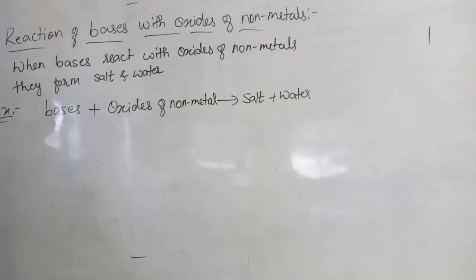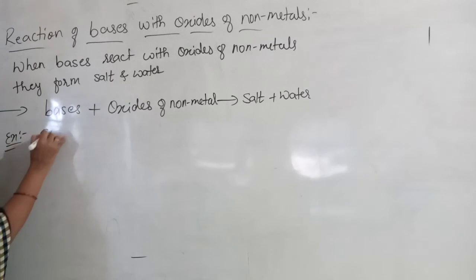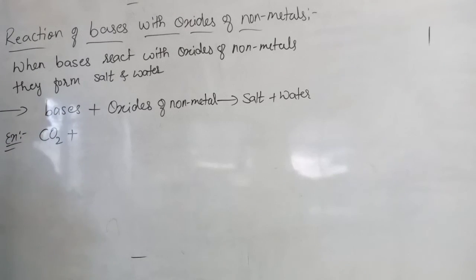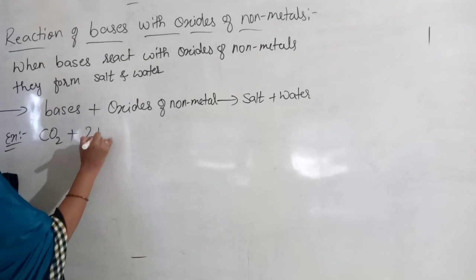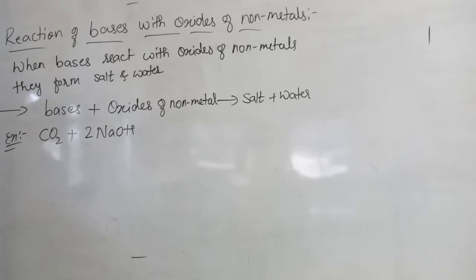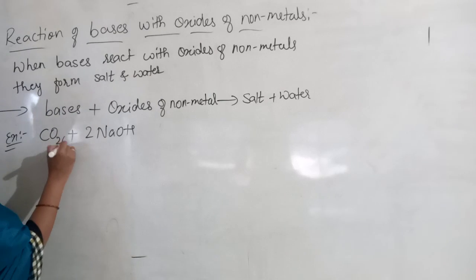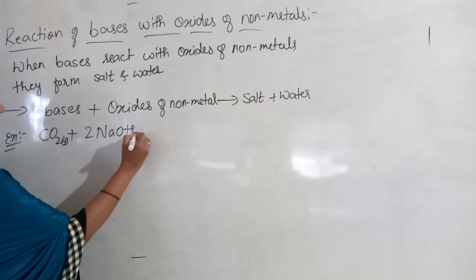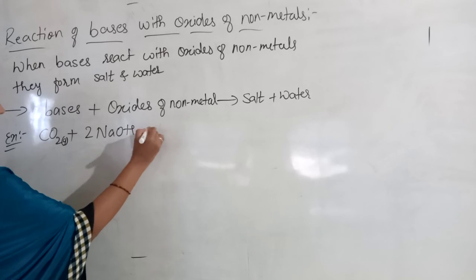So this is the general formula. Now the examples. Let us consider carbon dioxide reacting with sodium hydroxide. The state of carbon dioxide here is gaseous, and sodium hydroxide is aqueous.